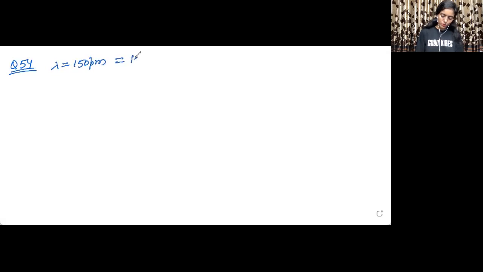Okay, so it is equal to 150 into 10 raised to the power minus 12 meter. One of its inner bound electrons is ejected out with a velocity. Velocity is given out to be equal to 1.5 into 10 raised to the power 7 meter per second. Calculate the energy with which it is bound to the nucleus. We need to calculate the energy with which it is bound to the nucleus.